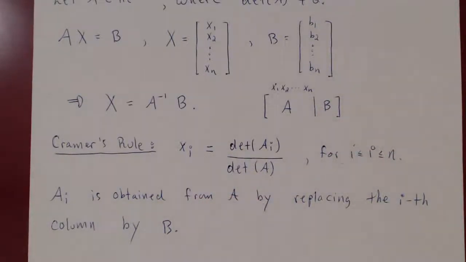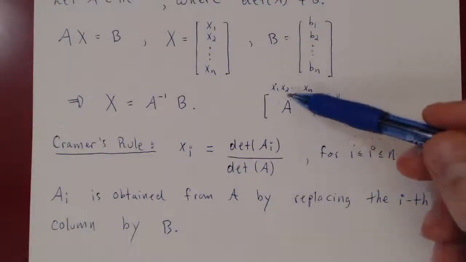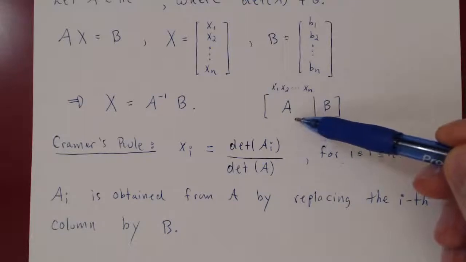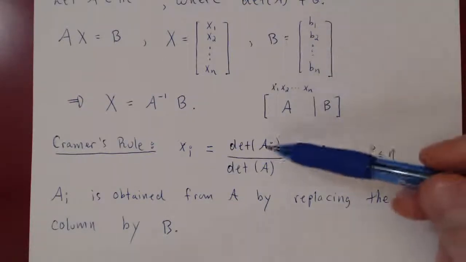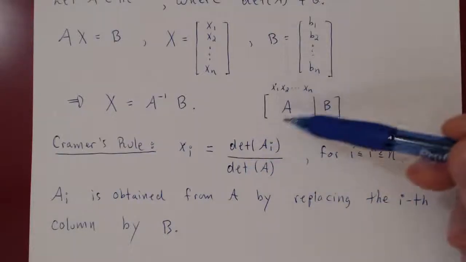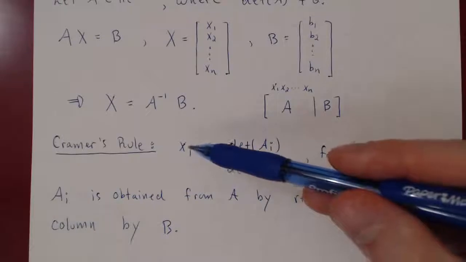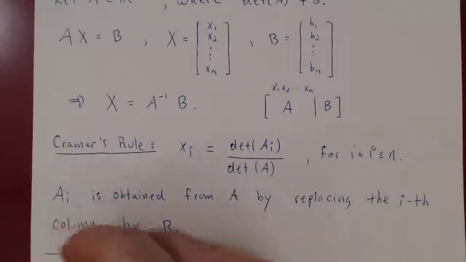And that's it. That's Cramer's rule. You want the ith variable, replace in the matrix A the ith column by b, the column of constants, find the determinant of this matrix over the determinant of the original matrix of coefficients, and you have solved for the ith variable. Let us now consider a very simple example where we have a 2 by 2 linear system.